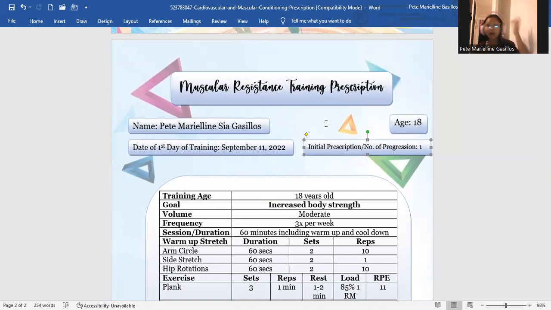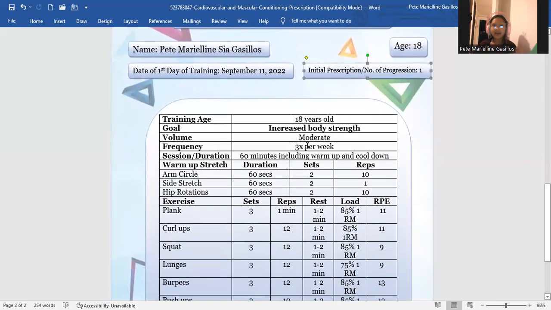So I want to change that. Next is the volume, which I pick as moderate, just like the cardiovascular. The frequency that our teacher tasks us to do is 3 times per week.